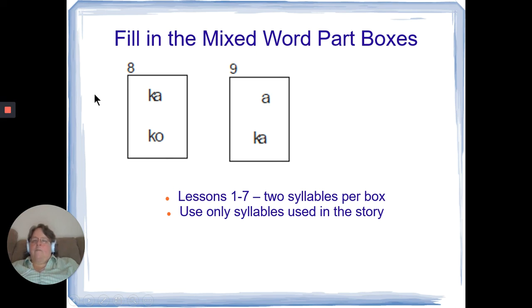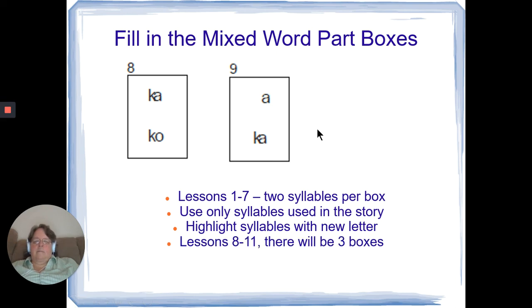So in box 5, we're patterning syllables whether or not they're in the story or in the lesson. But in boxes 8 and 9, we're only using syllables that are found in that story to help the new reader. And you want to highlight syllables that have the new letter in them. Once again, it's another form of repetition for the new reader with a new element.